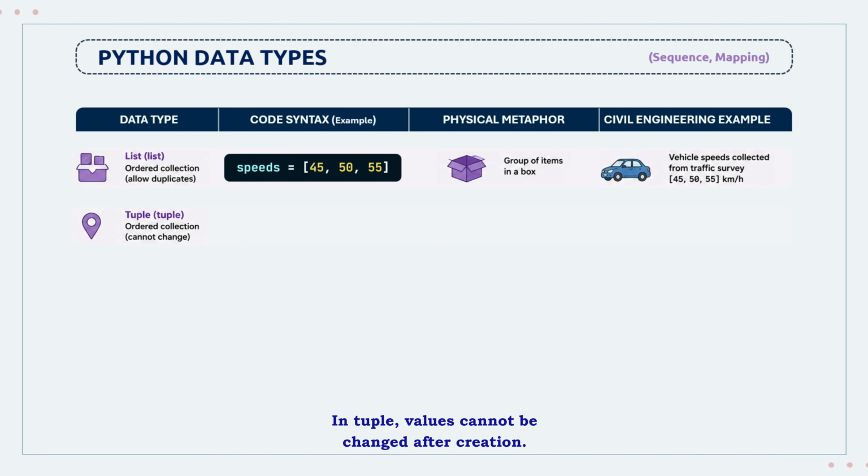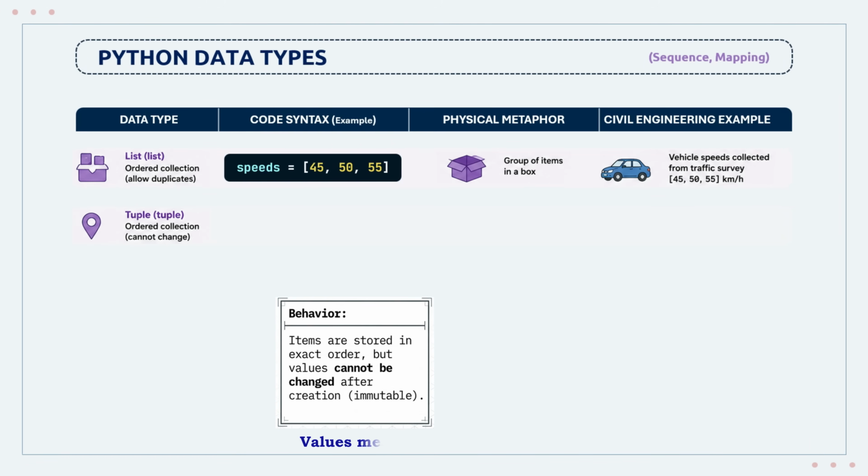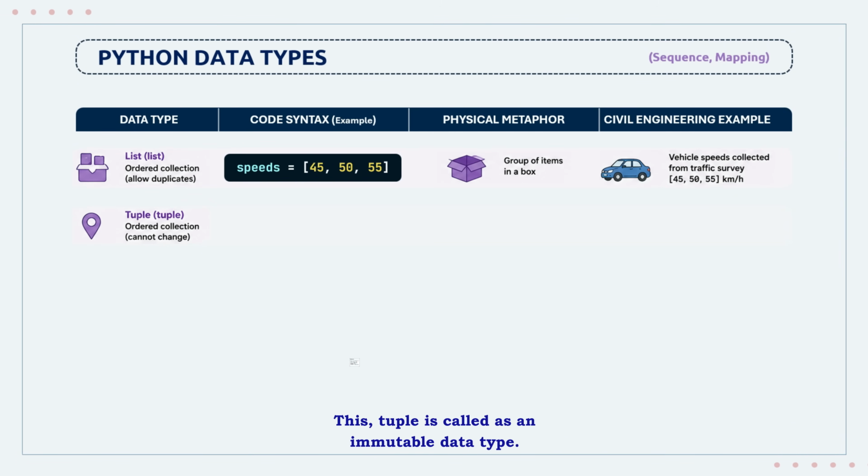In tuple, values cannot be changed after creation. Values means elements inside the tuple cannot be changed after creation. Because of this, tuple is called an immutable data type. This makes tuple useful for storing fixed information.